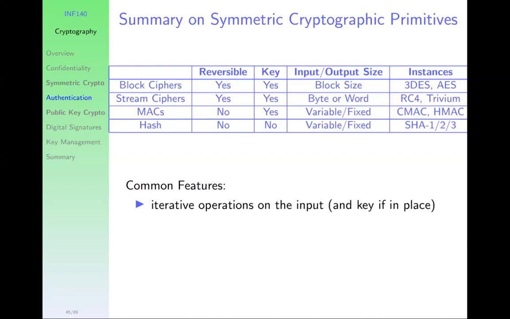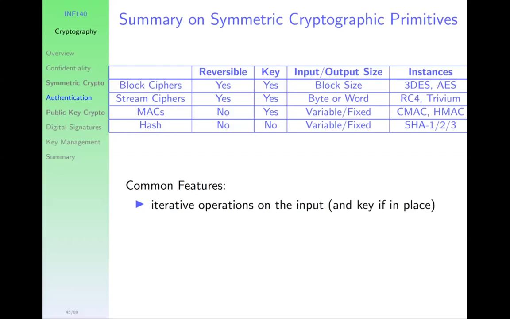Because the design and construction of these primitives are quite similar, if you have a good design and want to provide some other properties, why would you start from scratch to design a new primitive? Why not use an existing primitive or design idea and modify it to achieve your goal? That's quite natural to think.